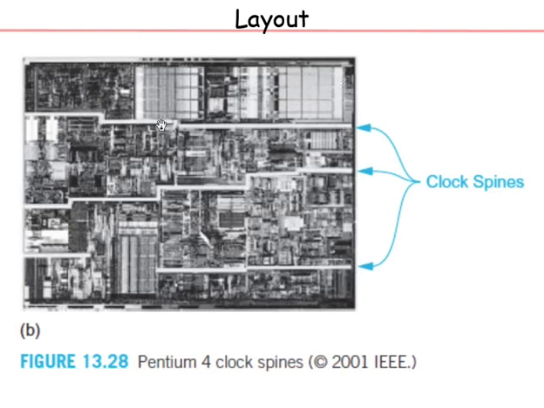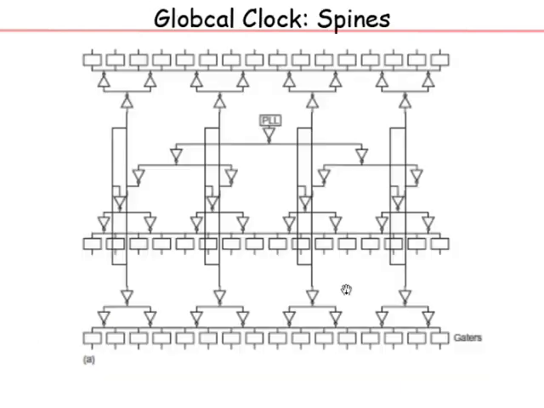And you see the layout out here. These are the spines, where there are a lot of these buffers, and all these structures are there, including this big fat metal. You see these clock buffers are all driving this horizontal line out here. It's just a big fat metal line running from left to right.